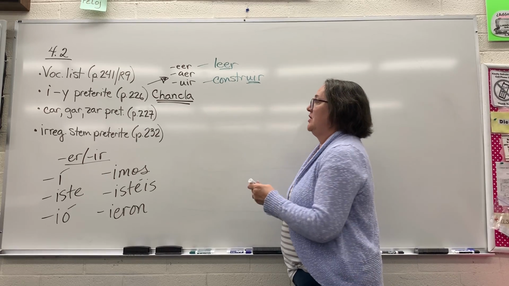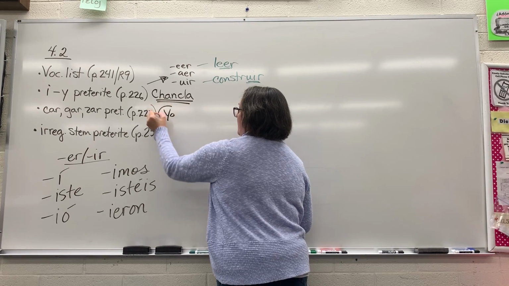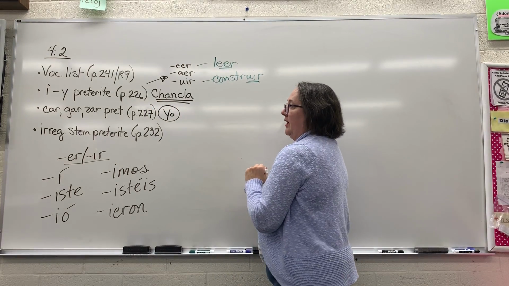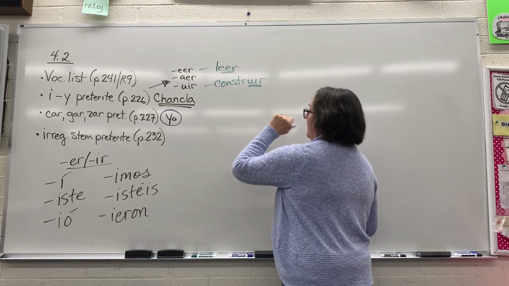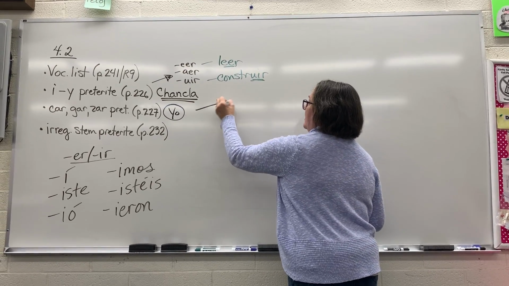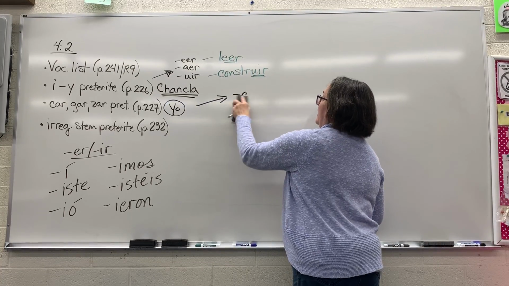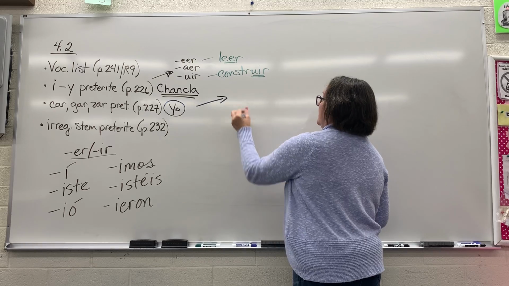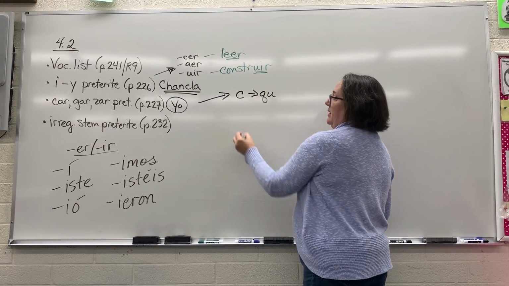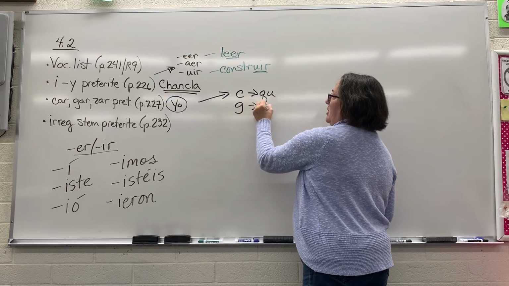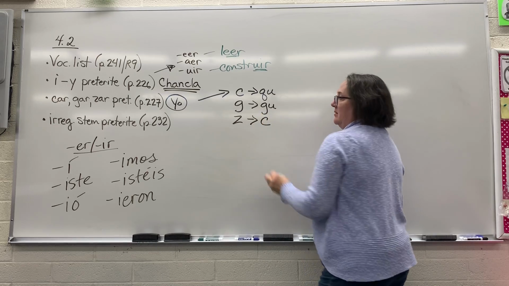This spelling change is only going to happen in the yo form. Only in the yo form, okay? In the car verbs, the C becomes a QU, the G becomes a GU, and the Z becomes a C.